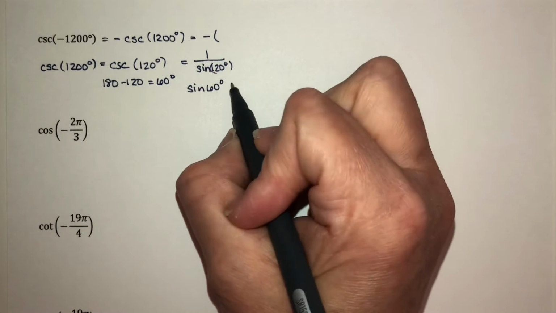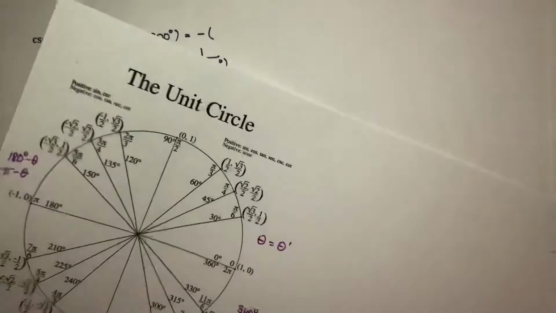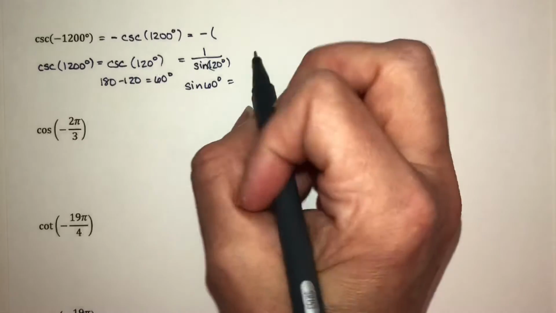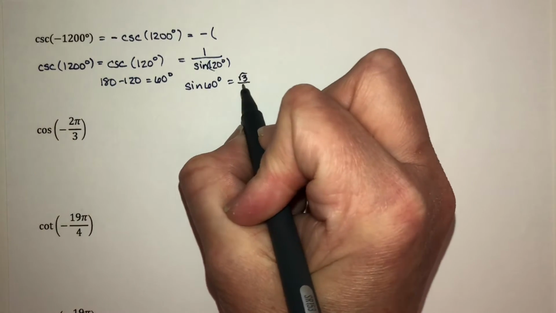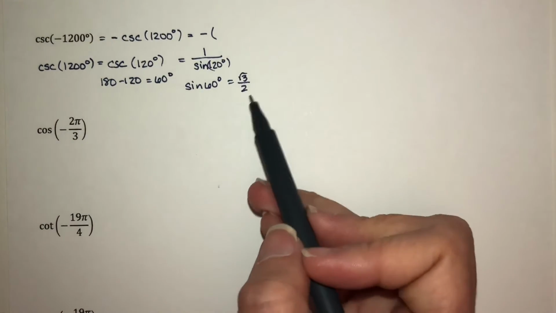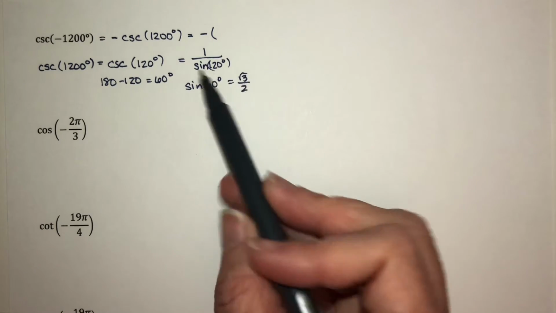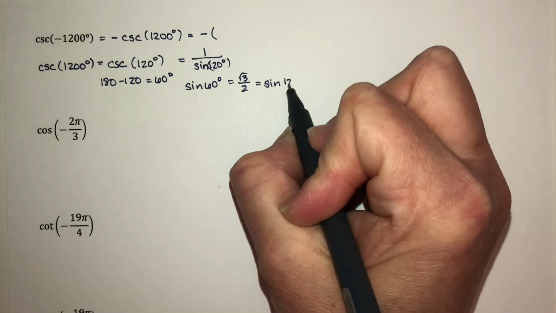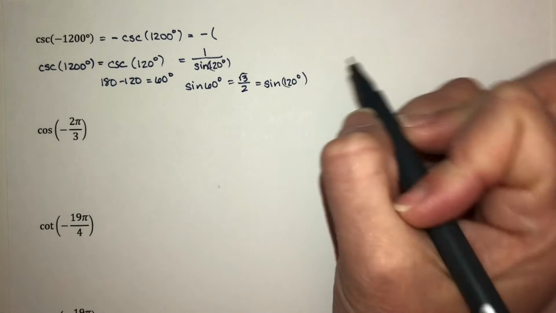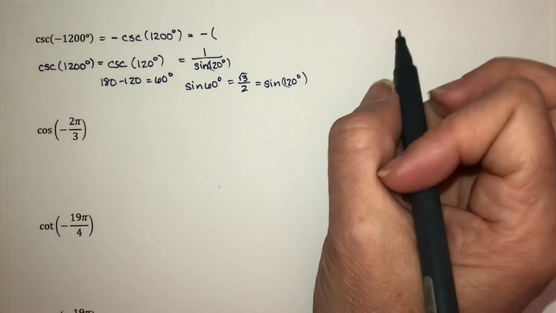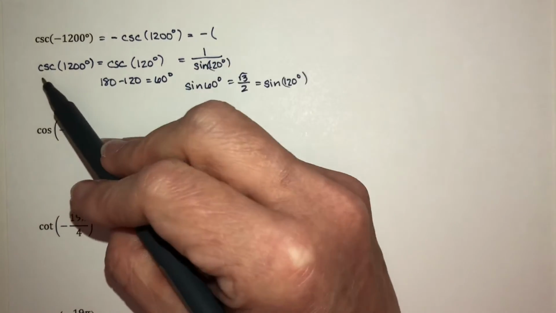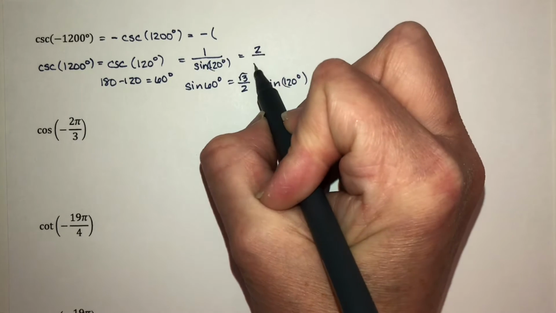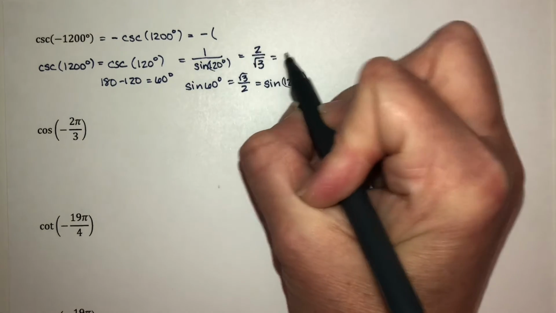Well, if you look at your unit circle, sine of 60 degrees is the square root 3 over 2. And in quadrant 2, sine is positive. So this means sine of 120 degrees is also positive. Okay, so cosecant is going to be the reciprocal of this, and then you need to rationalize that.